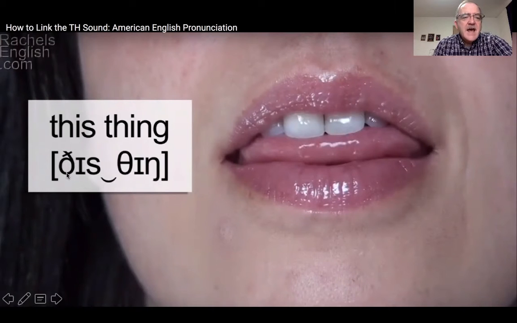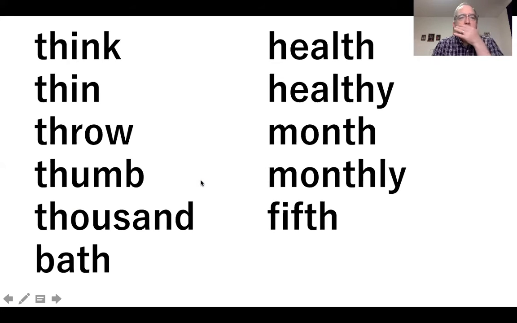This is called an eth. It has voice. This. And you see this here? This is called a theta. It has no voice. Okay?